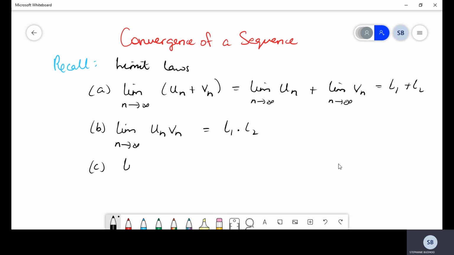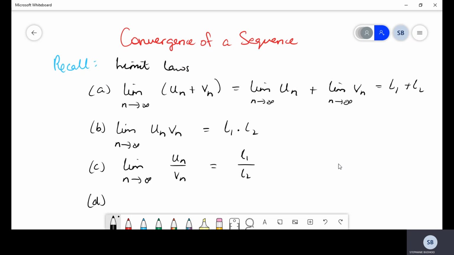And the third one, if you have 2 sequences and they are being divided by each other, the value will just be equal to the first limit divided by the limit of the second sequence.